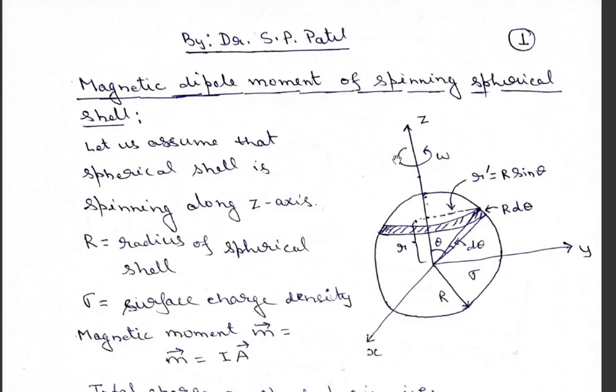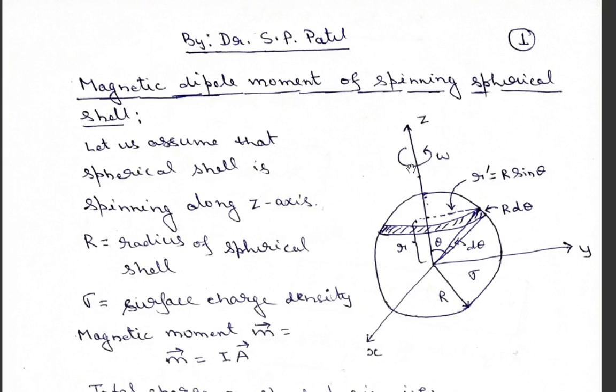Okay. So in order to solve such problems, let us assume that we have a spherical shell of radius capital R, uniformly distributed with a surface charge density sigma. This is the x axis, this is the y axis and this is the z axis. Let us assume that the spherical shell is rotating about its own axis along the z direction with angular velocity omega.